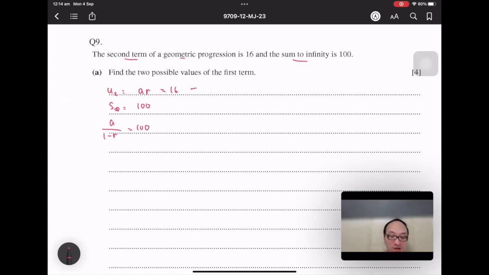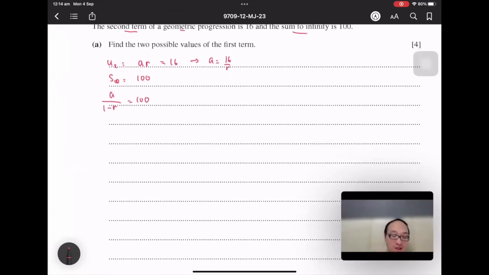So from the first equation, I can have a equals 16 over r. And then I can replace it here. So it's 16 over r, over 1 minus r, equals 100. 16 equals 100r(1 minus r).